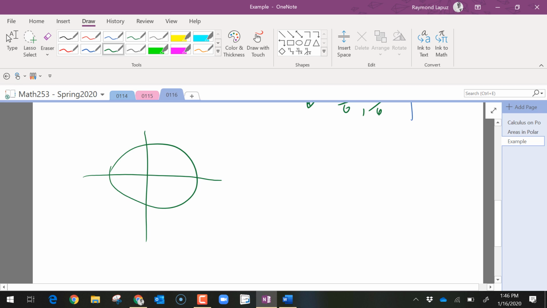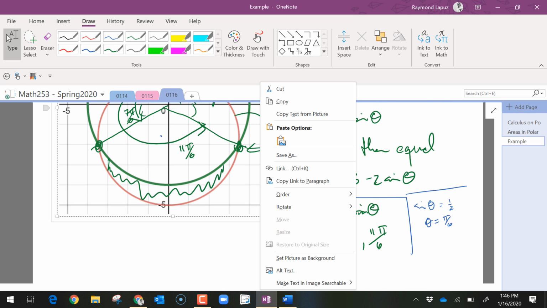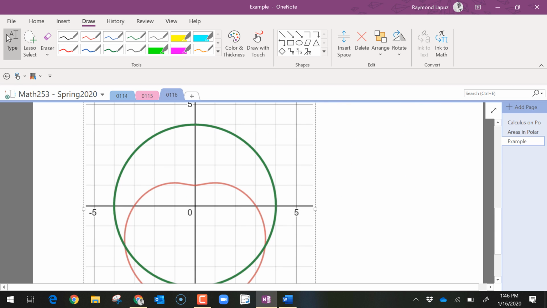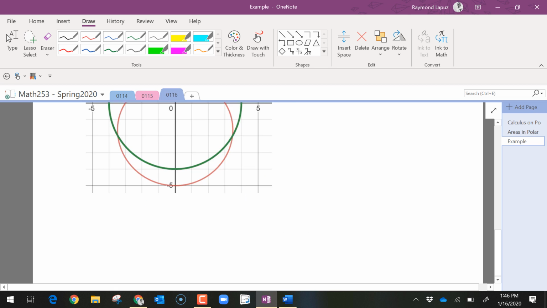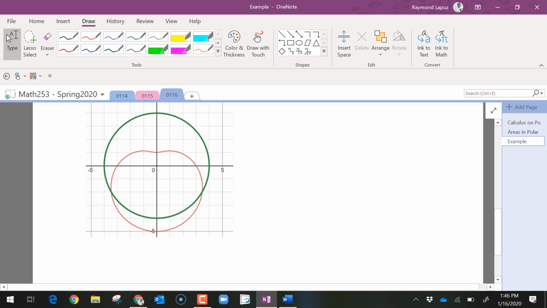Yeah, we need the shaded area. So let's think about what did you say if you go from pi over 6, negative pi over 6?